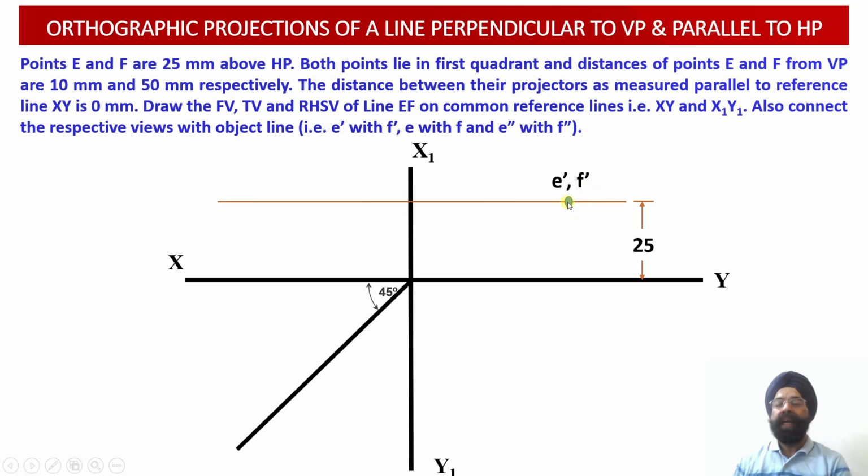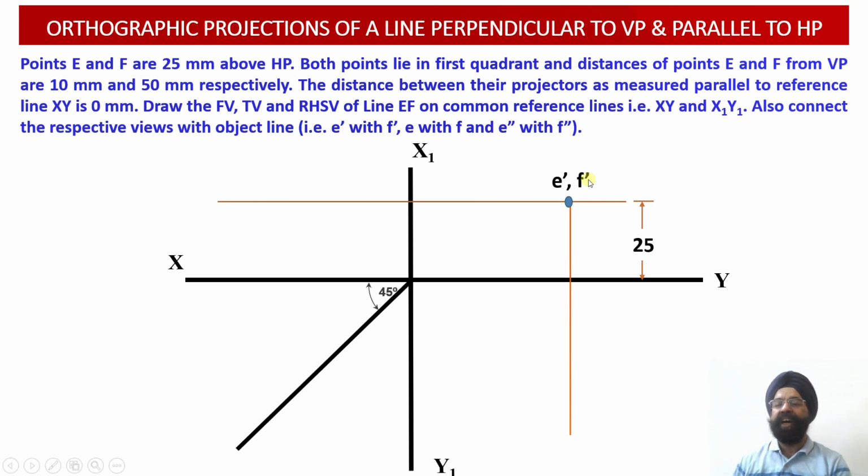So the moment I locate the points E dash and F dash, since the distance between their projectors measured parallel to the XY reference line is 0, I know that wherever E dash has been located onto this vertical projector line, I will be able to locate the projection of the point E in the top view below the XY reference line.